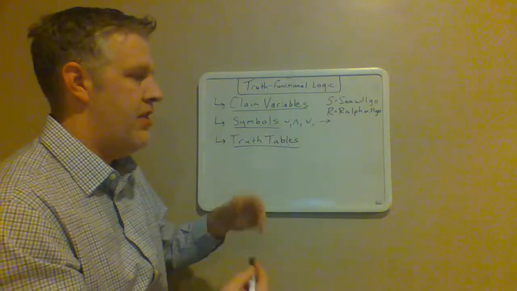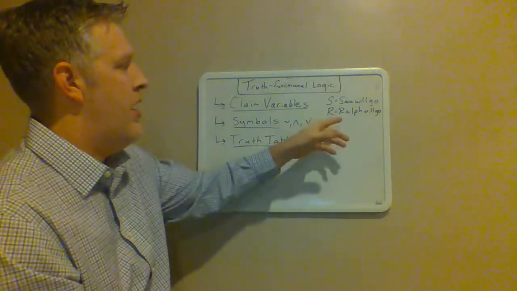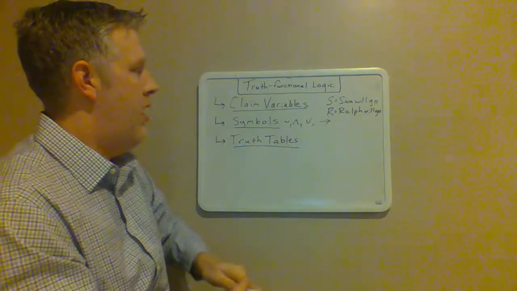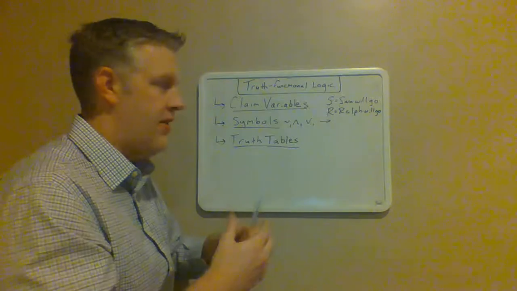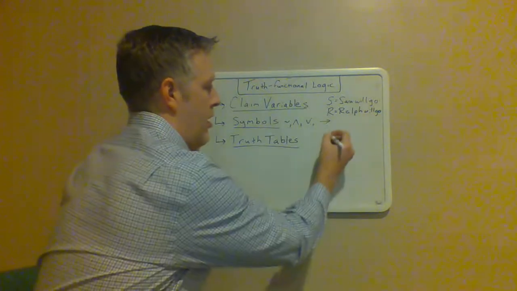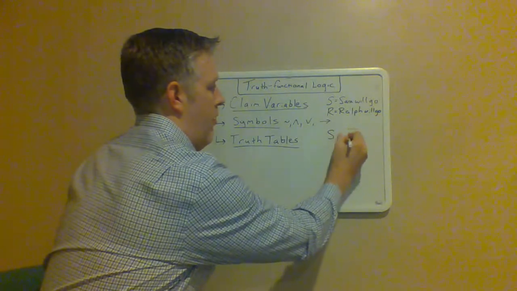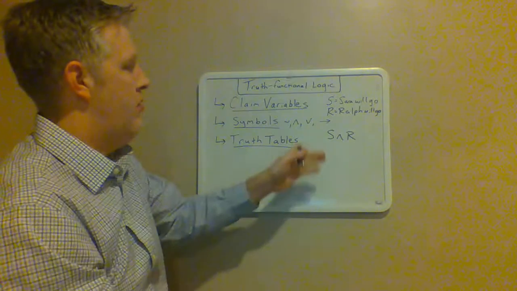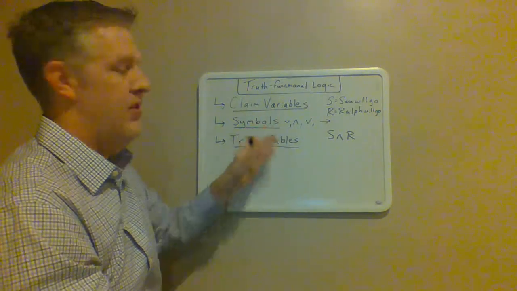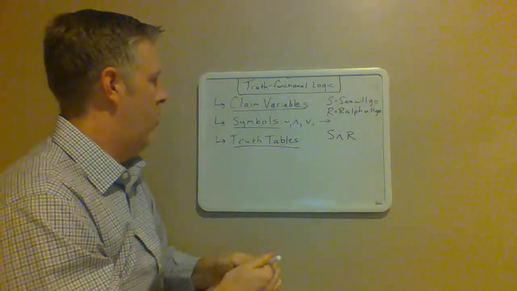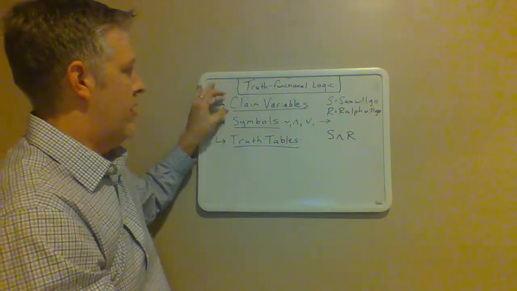So we can take anything that's said, for example, Sarah and Ralph will go. And we'll take that ordinary everyday sentence and we'll translate it into something like, simply logical notation, basic claim variables and symbols, and that's it. Okay, so the first thing I referenced were these claim variables.